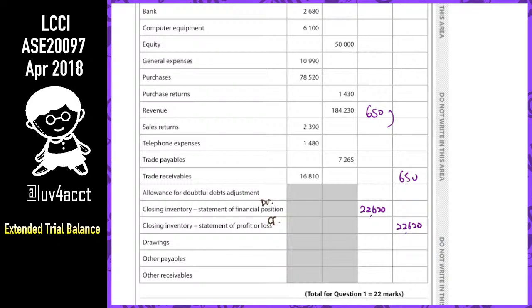But if it is goods sent on a sale or return basis, why in the first place put it in sales? You have to deduct the amount. It's not sales yet, and goods are returned. It is fundamentally wrong. The mark scheme, I am angry now, because of the sales returns thing.